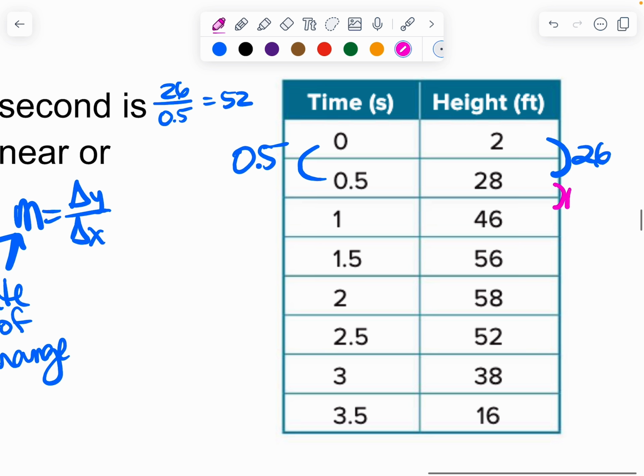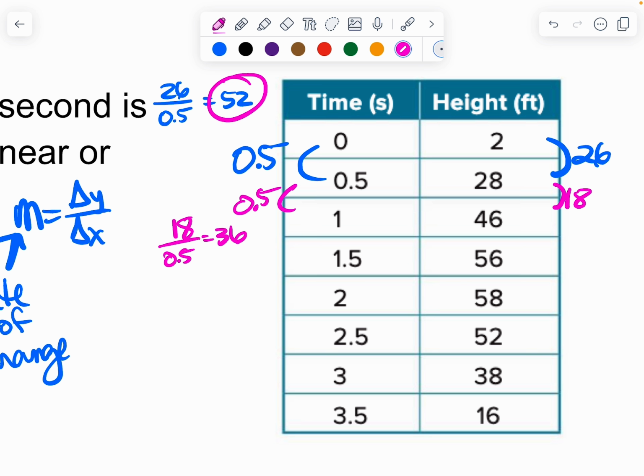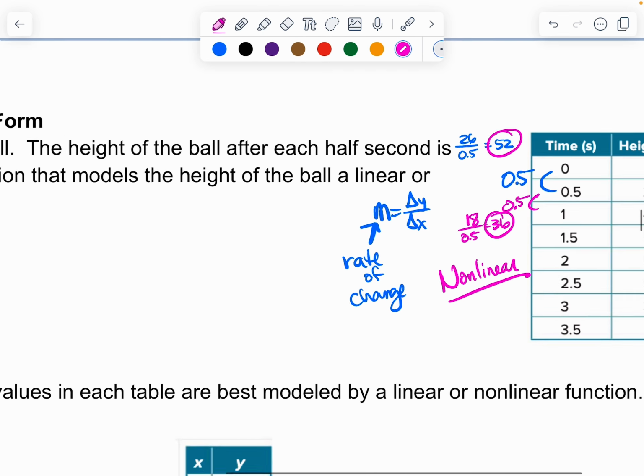And this one up by a half. So I'm going to do 18 over 0.5. That's going to get me 36. Are these two numbers consistent? No, they're not. That means that this is non-linear. It does not have a constant rate of change.